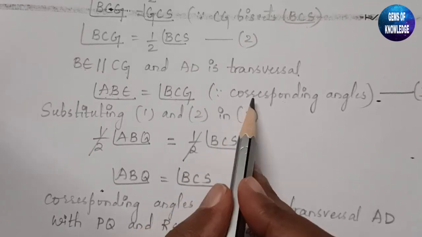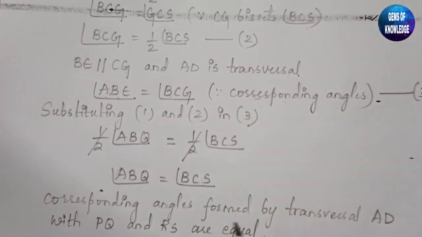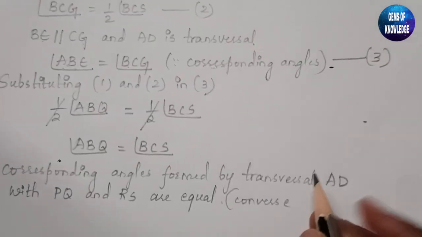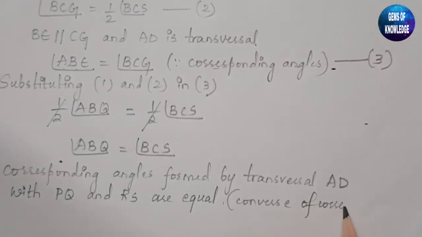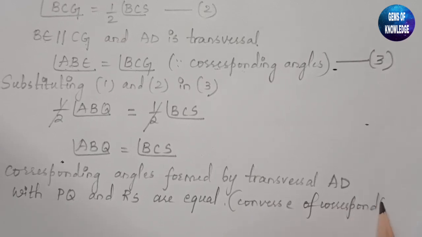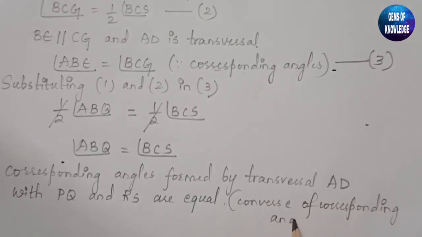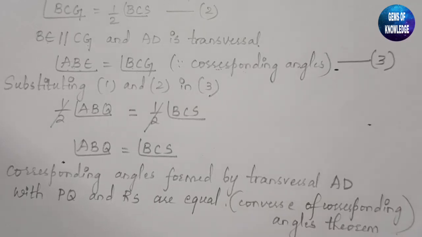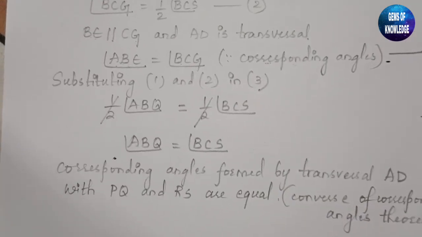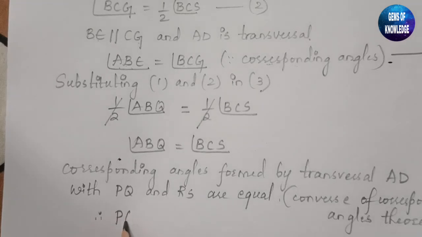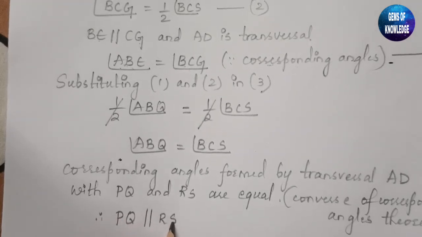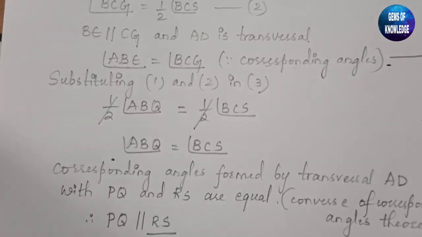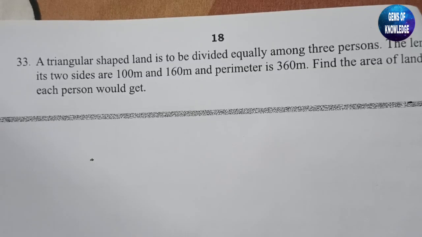This is the converse of the corresponding angles theorem. So therefore we can write, PQ is parallel to RS. Directly we can write this. Okay, so I hope this is clear. We'll move on to the next one.